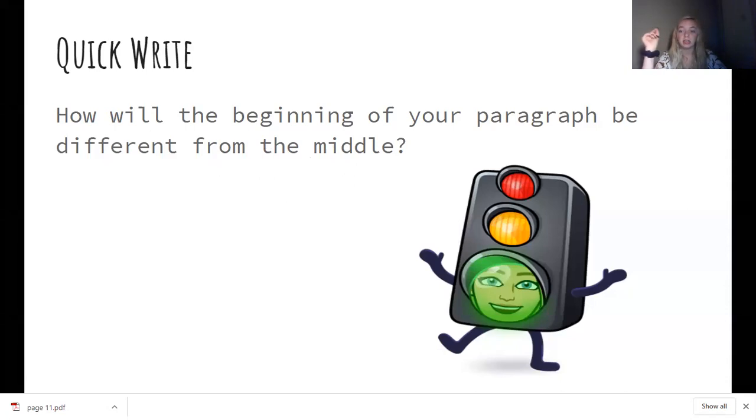You can write this answer in your notebook or on a piece of paper and take a picture and upload it to Schoology. Or you can just type your answer and upload it to Schoology. Either way, that is your assignment for the day.